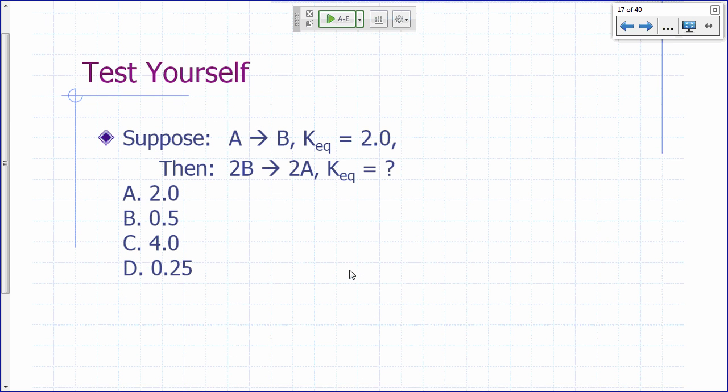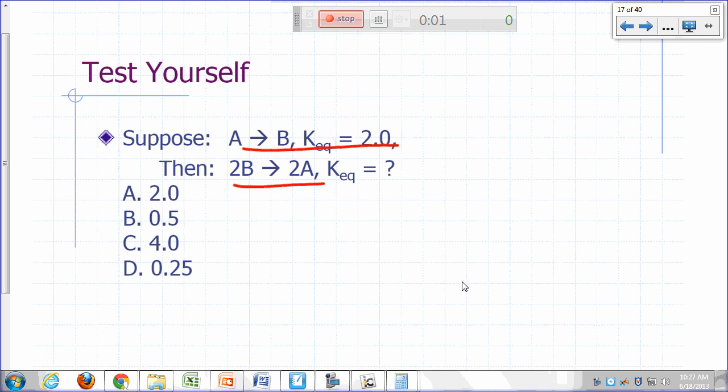So here's a clicker question for you. A to B has a KEQ of 2.0. That's the KEQ for 2B going to 2A. What did I do? I flipped it and I doubled it, right?